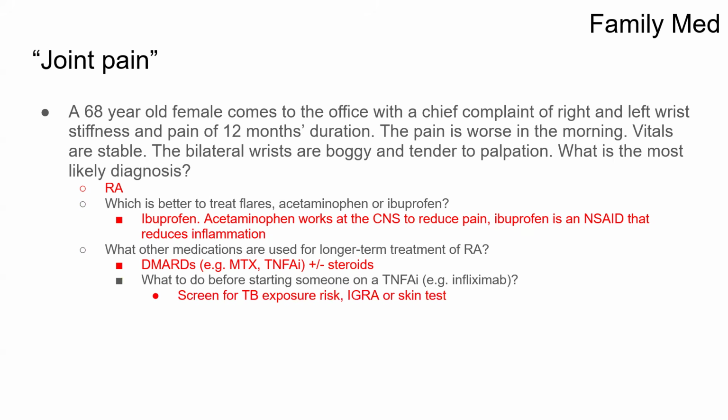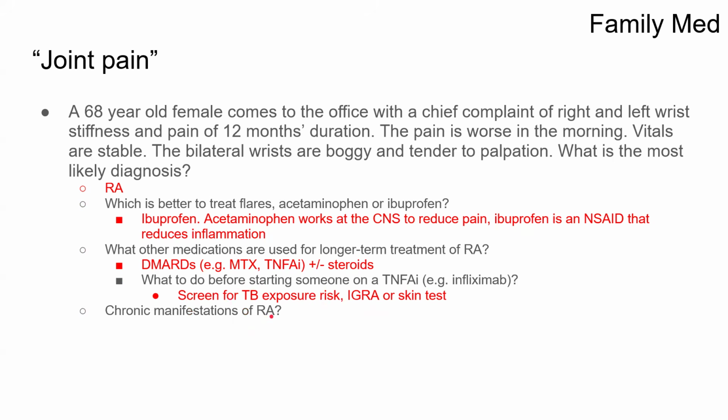And then you'll also want to get an IFN gamma release assay or the skin test. The reason why is if you start someone on TNF alpha inhibitors, that interferes with the branch of the immune system that basically keeps latent TB in check. So if you get rid of that immune response, then TB can reactivate and proliferate. You're making the rheumatoid arthritis better, but TB is coming back, which is not good.